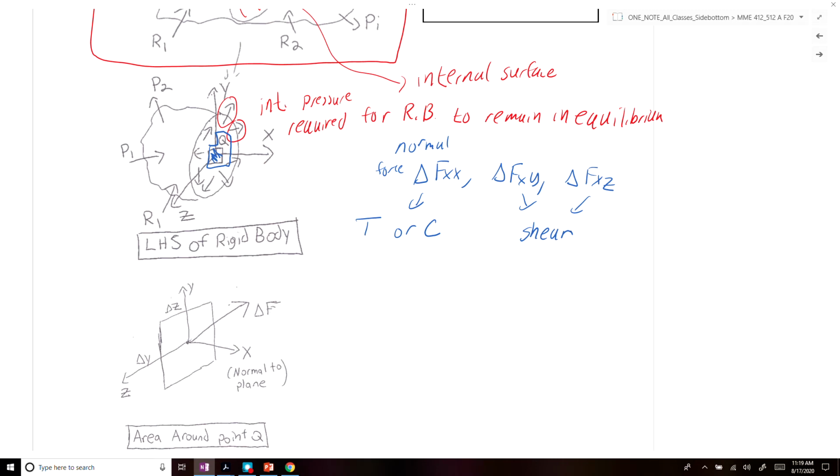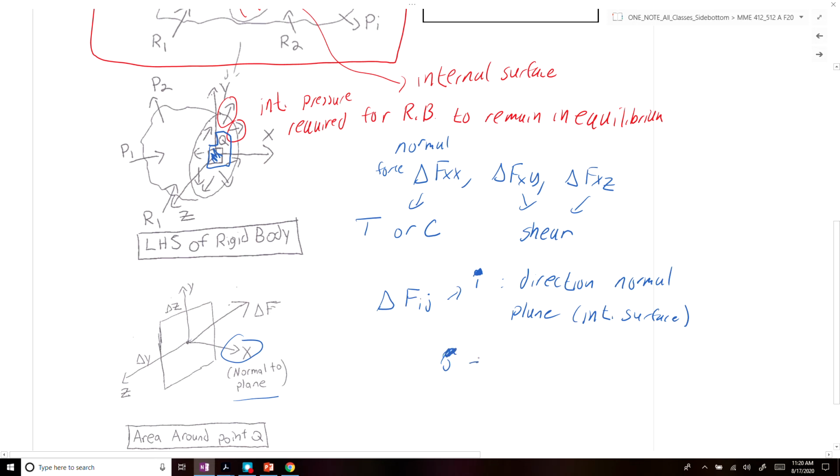Typically we're going to use this double index notation throughout this book. If we have delta Fij, the first index i refers to the direction that is normal to the plane or internal surface. In this case, the x-axis is normal to the plane.